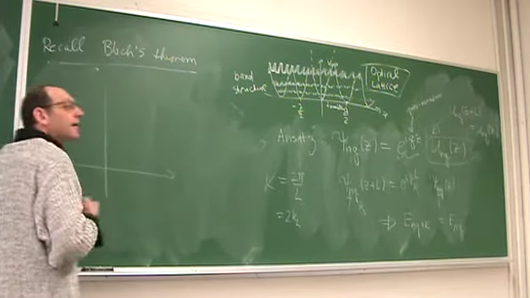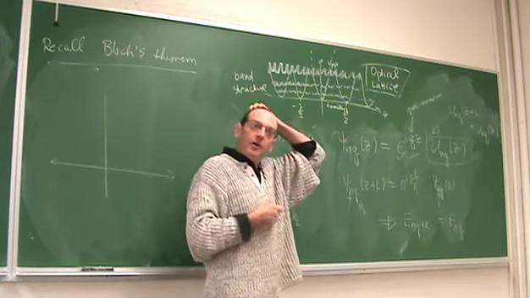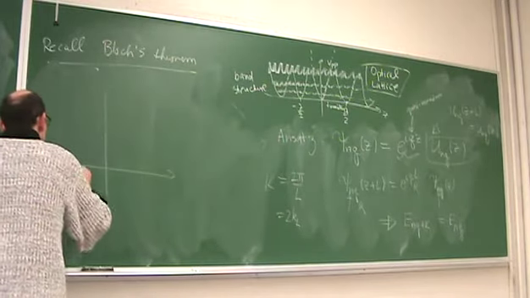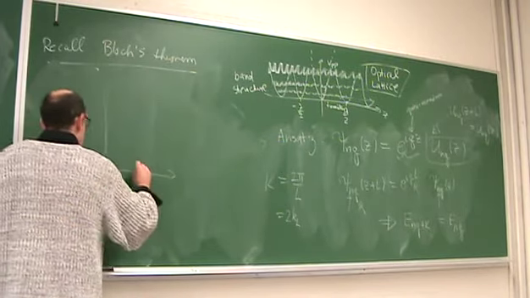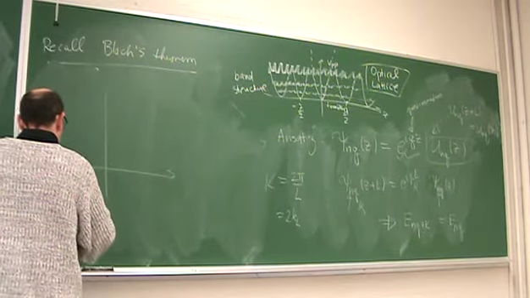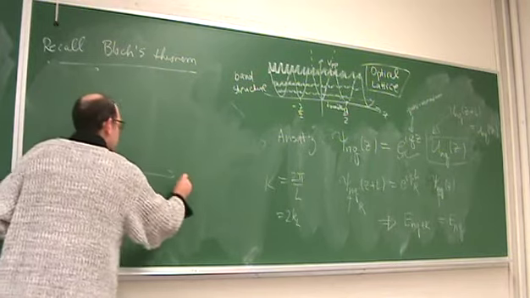Since they're periodic, we only need to look at it within one period of the reciprocal lattice. And that's typically done between minus k over 2 and k over 2. It's periodic with period k.